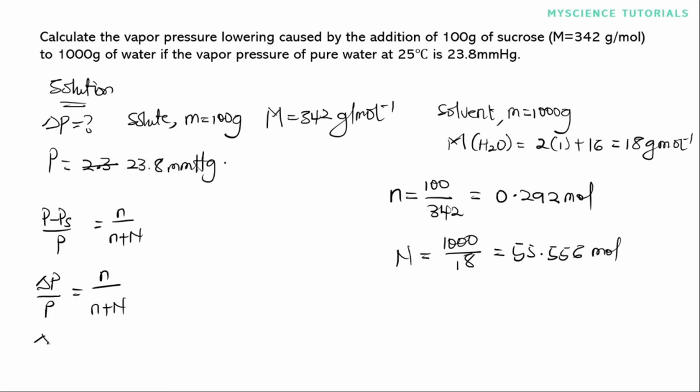So from here we can simply find our delta P. We know delta P divided by P, which is 23.8, is equal to 0.292 over 0.292 plus 55.556.